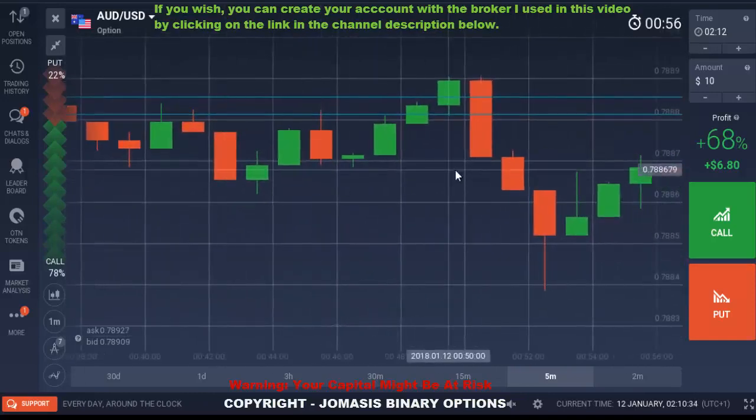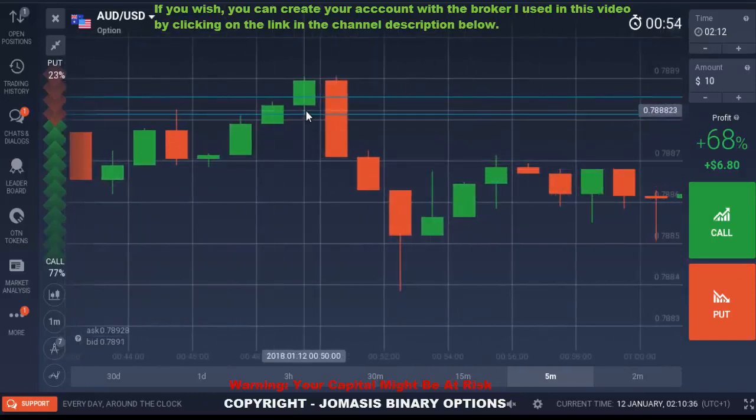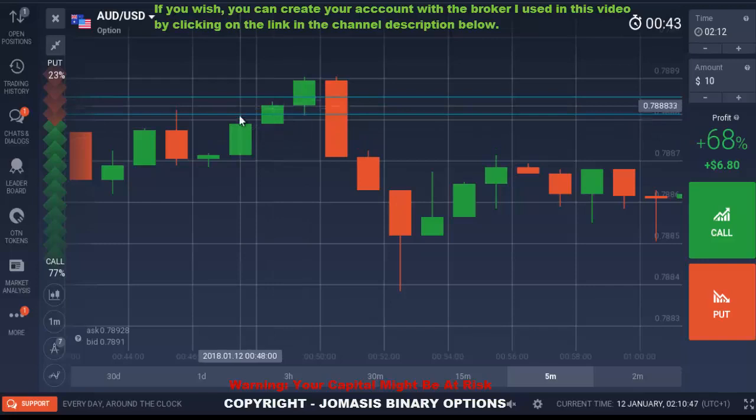Now the market, in binary and forex trading, resistance must be broken. That one is sure. So as you can see, when resistance is strong or support is strong, the market might find it difficult to break through for the first time or the second time, but the market will surely break it through.